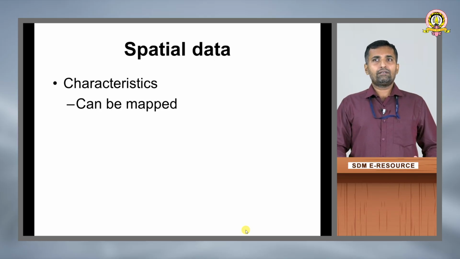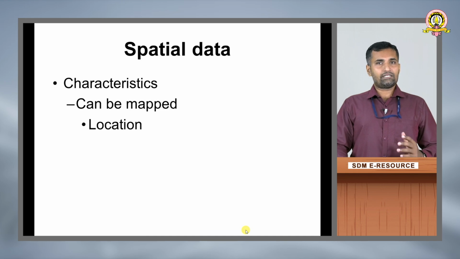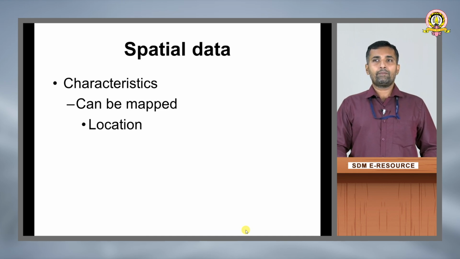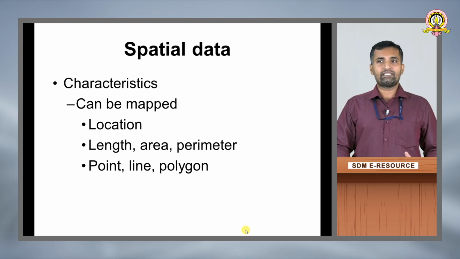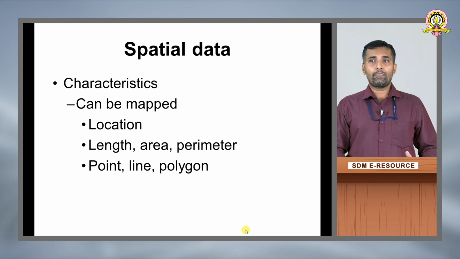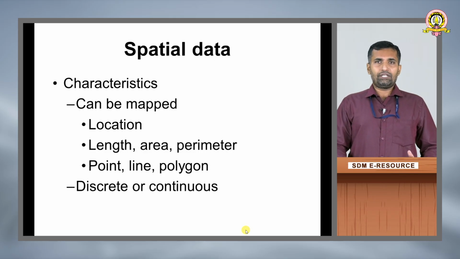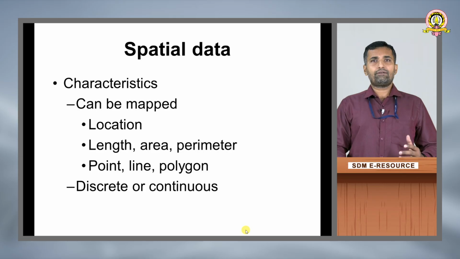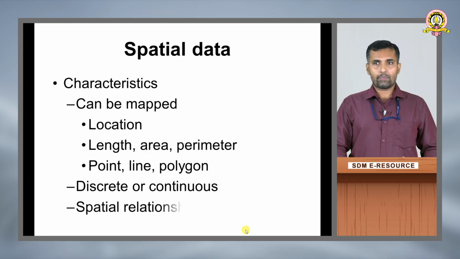The important characteristics of spatial data: they can be mapped, there is location information for this data, and there is length, area or perimeter. That means they can be expressed in the form of point, line and polygon. And they may be either discrete or continuous, right? We have 2 types of data here. It may be vector or raster. Vector is discrete and raster is continuous. We will discuss this in the coming classes.